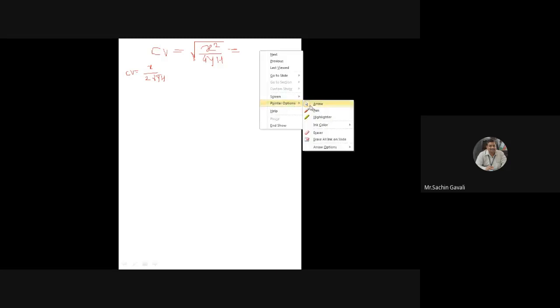So 4.3 square divided by 4 into 0.5 into h. H is equal to how much? H is equal to 10.